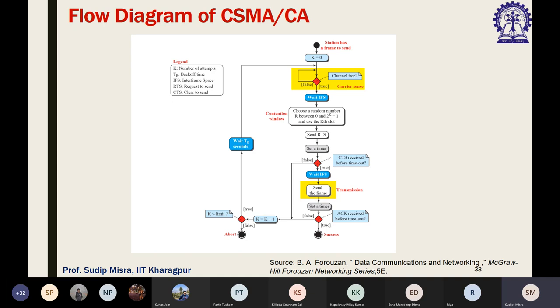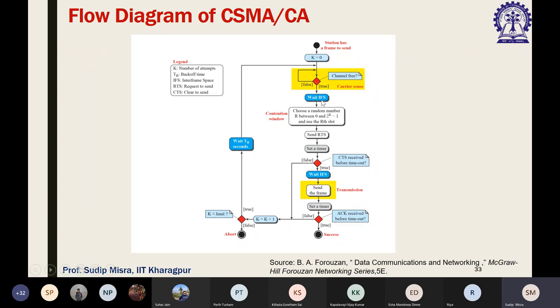IEEE 802.11a has a certain IFS duration, then b has some other IFS duration, and so on. The different variants of IFS, like DIFS and SIFS, are also different. So let us just talk about one IFS, the interframe sequence. Actually, it is not interframe sequence but interframe space.